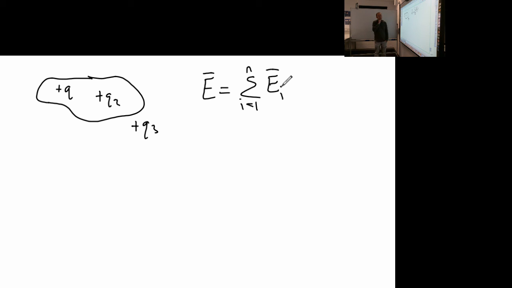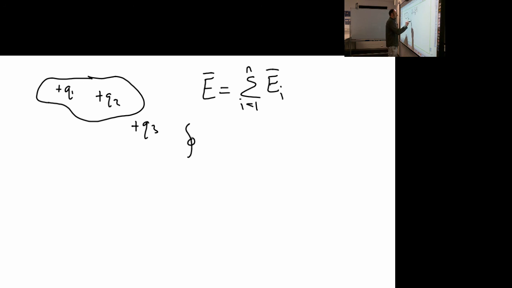Now, in a similar way, the total flux through a surface is going to be given by the total charge which is enclosed by that surface. So in this situation, it's going to be given by Q1 and Q2, but not Q3, because Q3 is not enclosed within that surface.